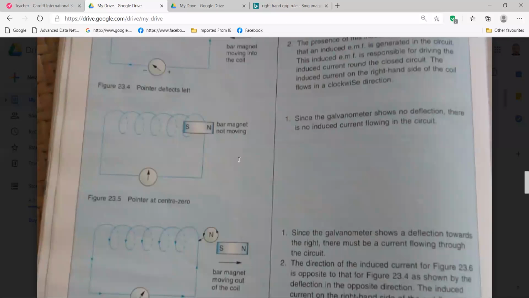It is a must that magnetic field lines should be cut, or in other words, a change in magnetic flux should happen. Then we can get this induced EMF. If the magnet is stationary, at rest, then we will not get any induced EMF. Is it clear?